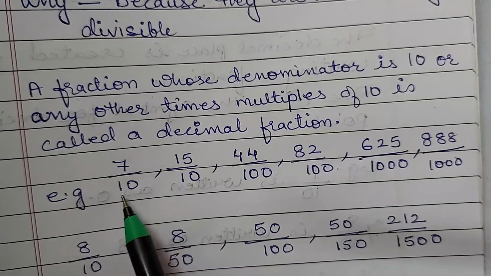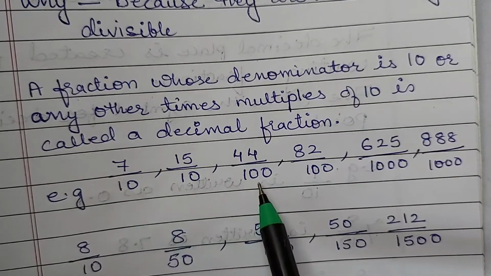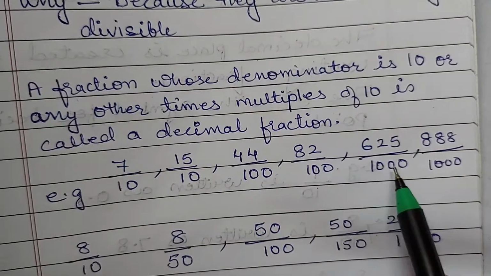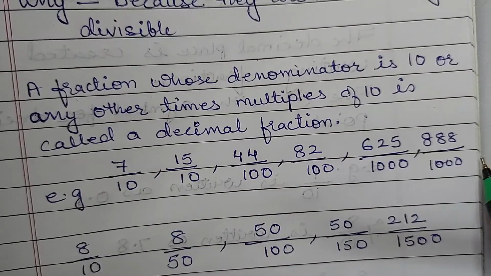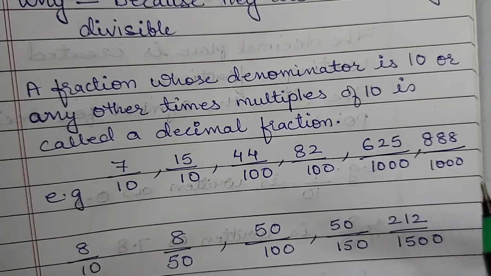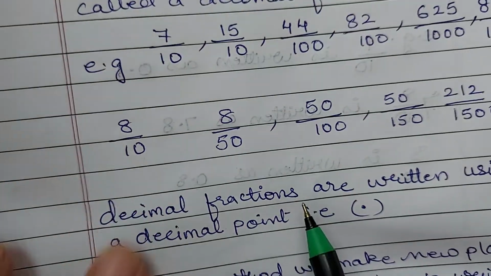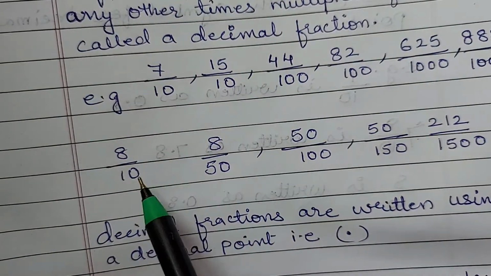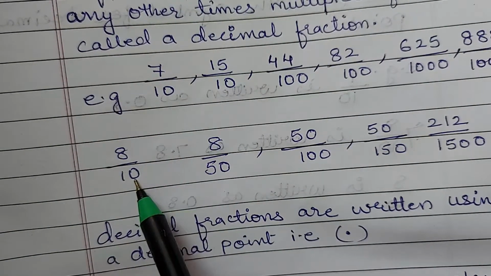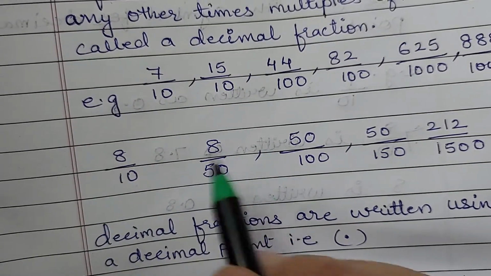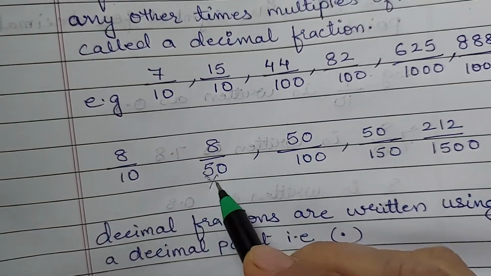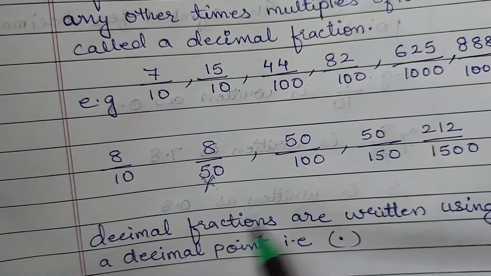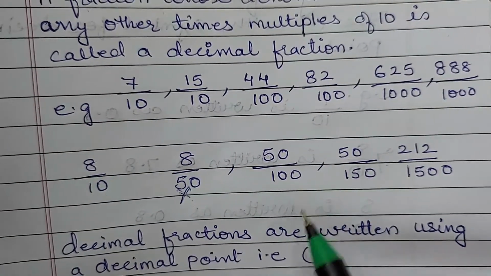Where 1 along with 1 zero, 2 zeros or 3 zeros or many more zeros, it is a decimal fraction. Another example, 8 upon 10, yes, because 1 along with 0 is there. Now 8 upon 50, no, it is not a decimal fraction. 50 upon 100, yes.